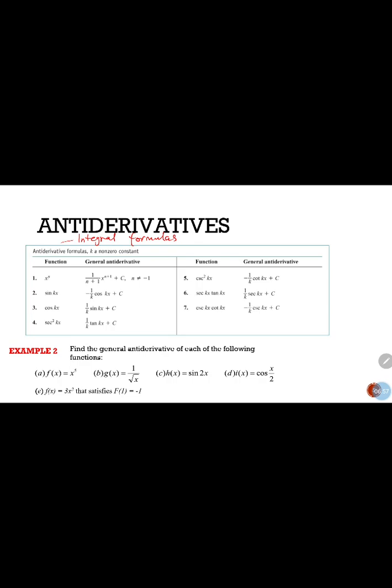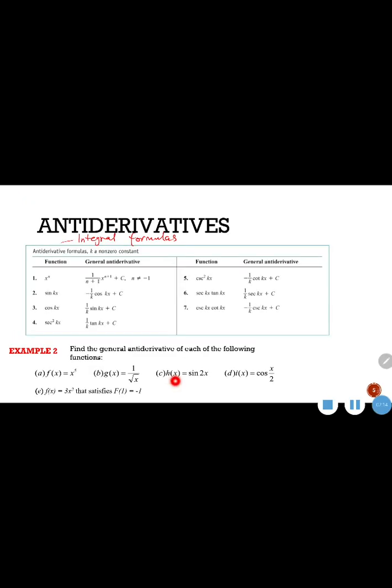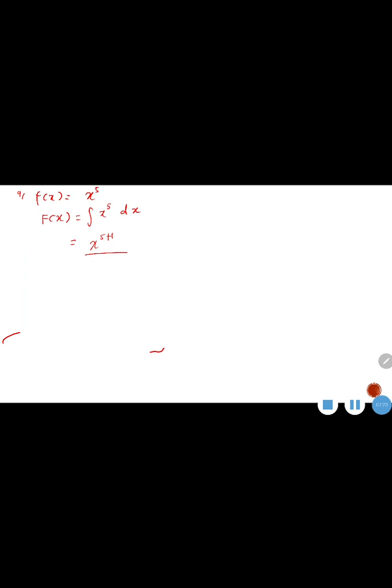So it's 1 over n plus 1, which is 5 plus 1, over whatever is on the top here. So x to the power of 6 over 6 plus c. I know this is easy, I just want to refresh your memories.